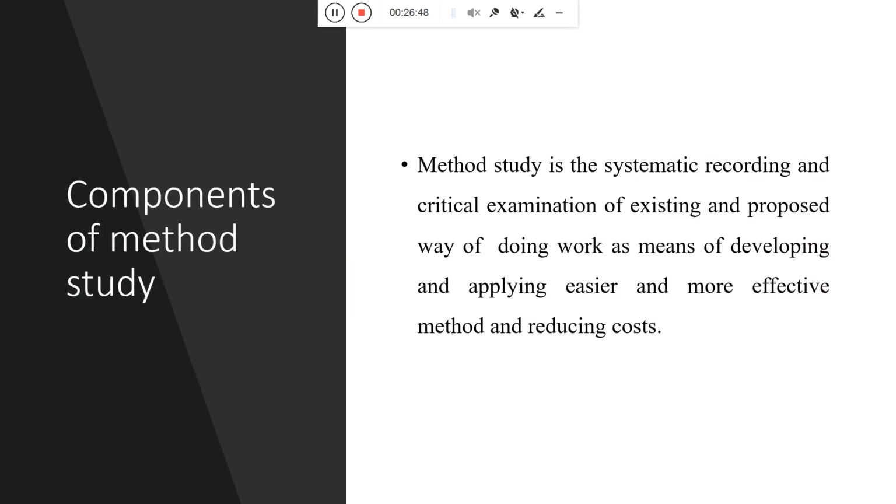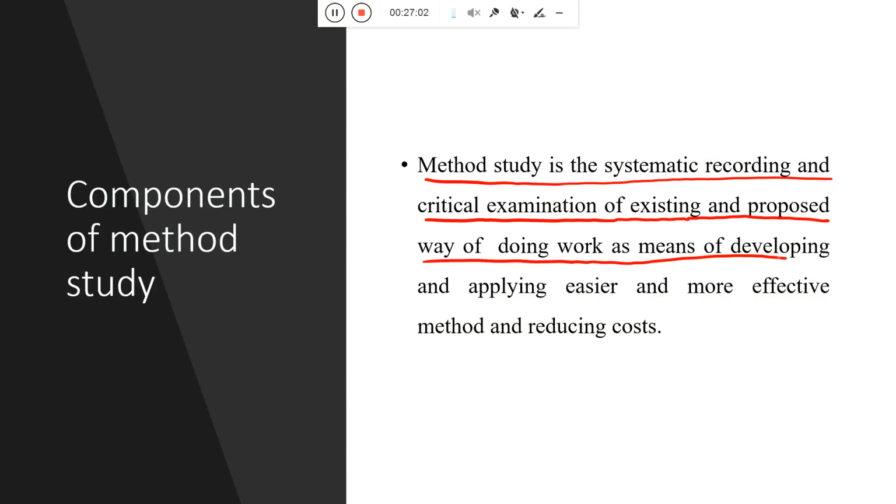Method study is a systematic recording and critical examination of existing and proposed ways of doing work as a means of developing and applying easier and more effective methods and reducing the cost. So these are the components of the method study.